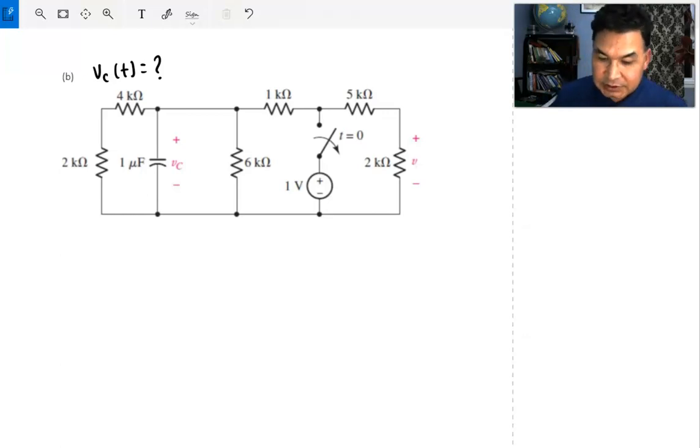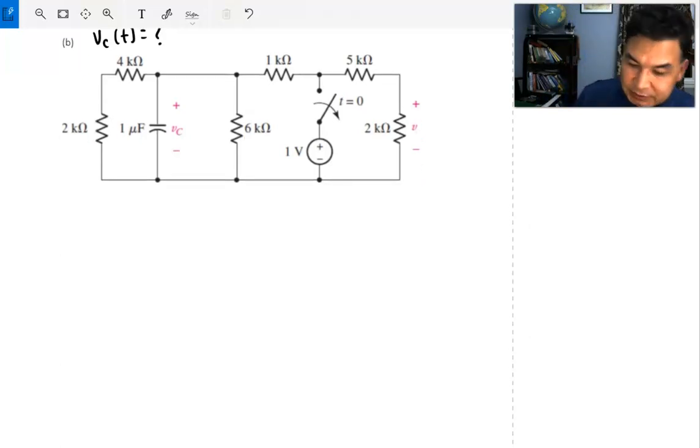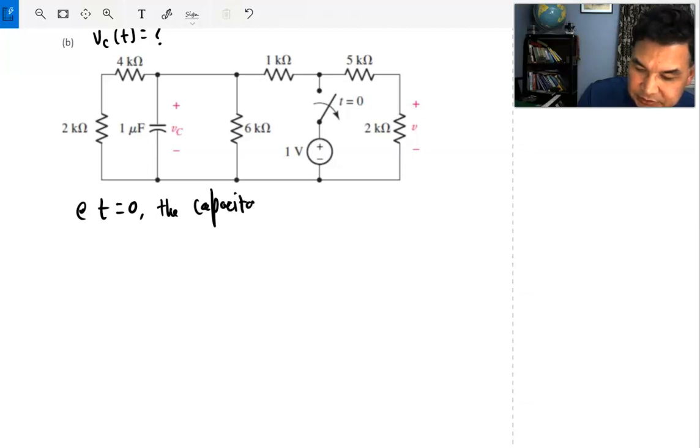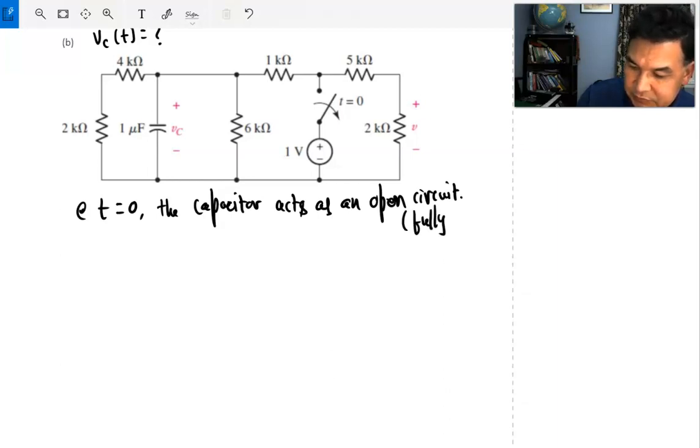So let's first find the initial condition. We assume that at t equal to 0, the capacitor is fully charged. Capacitor acts as an open circuit. Why? Because it's fully charged, it doesn't conduct.